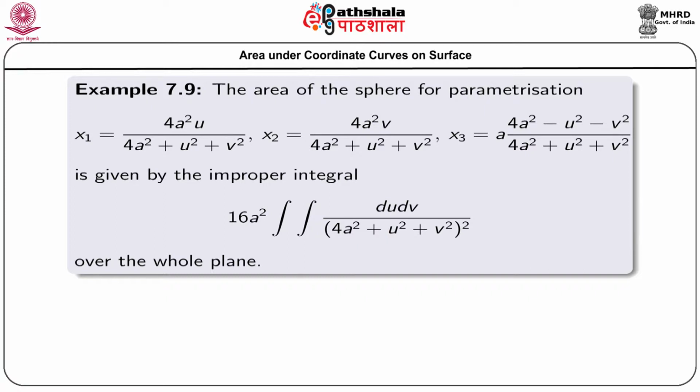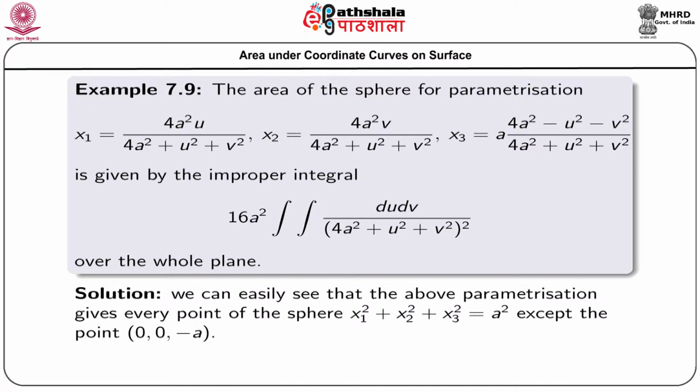So, by integrating this we can find the area on the surface given by the above equation. Now, here we see that x1 square plus x2 square plus x3 square is satisfying the equation of the sphere, that is x1 square plus x2 square plus x3 square equals a square, except the point (0, 0, minus a).